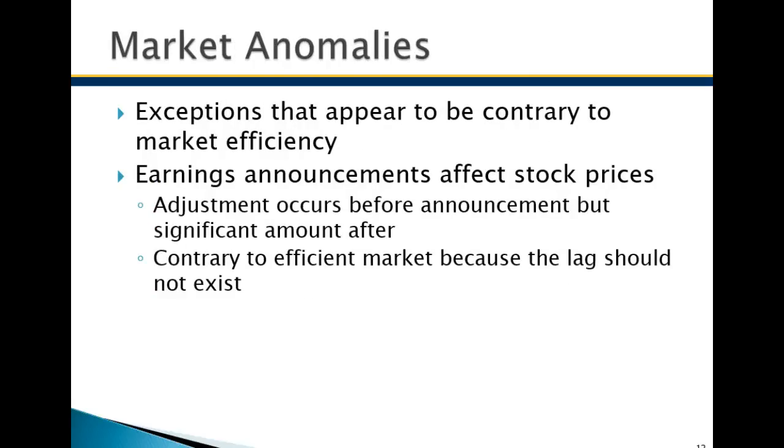Now, one thing that makes the efficient market hypothesis weaker is that there are a lot of anomalies within the markets. One constant anomaly is that earnings announcements greatly affect stock prices. So adjustments occur before announcements and after announcements. If the market were efficient, these earnings announcements should not really cause much of a ripple in stock prices.